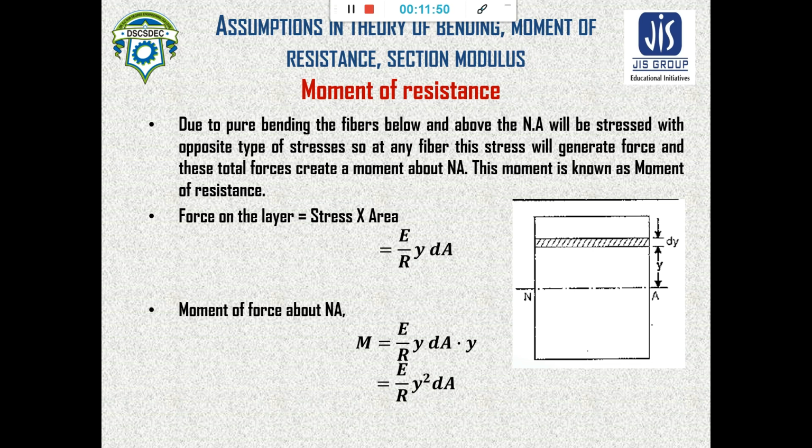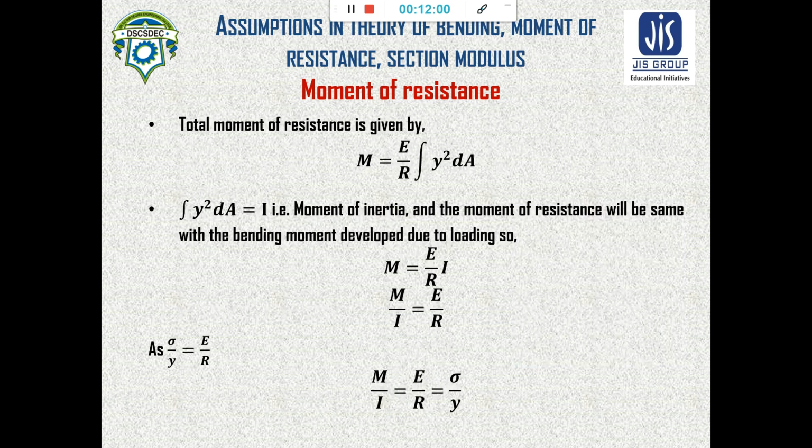Now moment of the force is force into distance, that is E by R y dA into y, which gives E by R y square dA. For the full section, the total moment of resistance is given by M is equal to E by R integration y square dA.